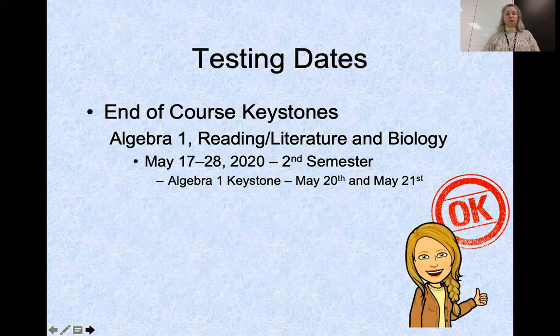Check with your child to see when they are taking Algebra 1 103B. It's important on those days not to schedule any appointments, because if they would miss taking the Keystone exam, then the following week they would be pulled out of their classes to make up that Keystone exam.